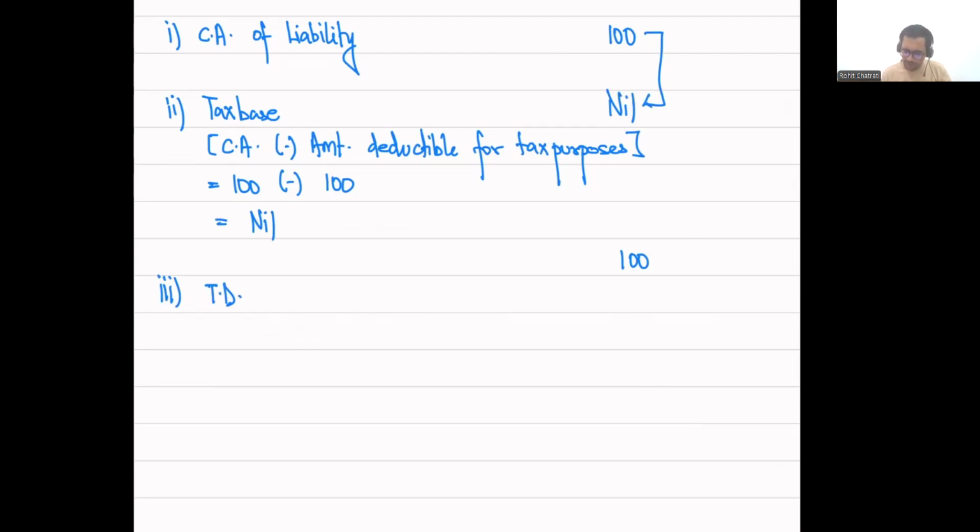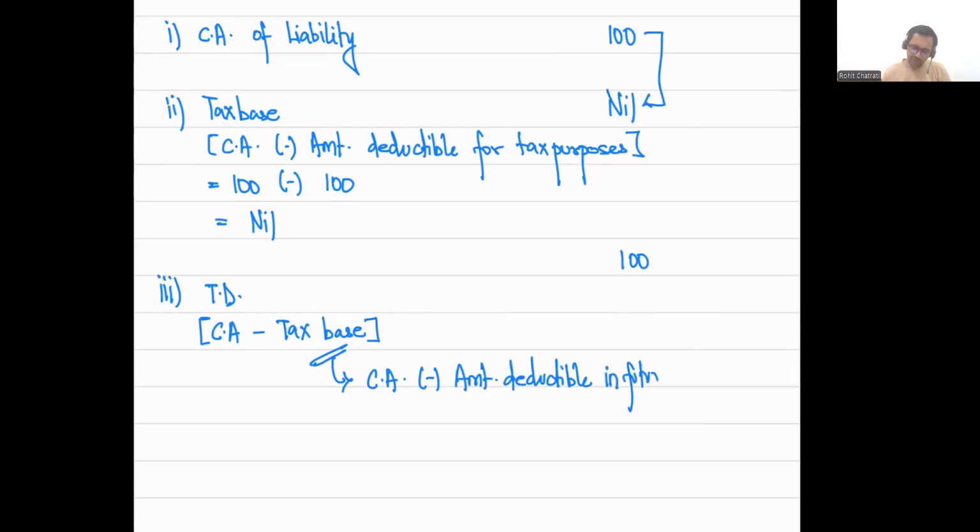What was the formula for temporary difference? If you remember, it was carrying amount minus tax base. Tax base is again defined as carrying amount minus the amount deductible in future. All right, temporary difference is carrying amount minus tax base, and tax base is carrying amount minus amount deductible in future.